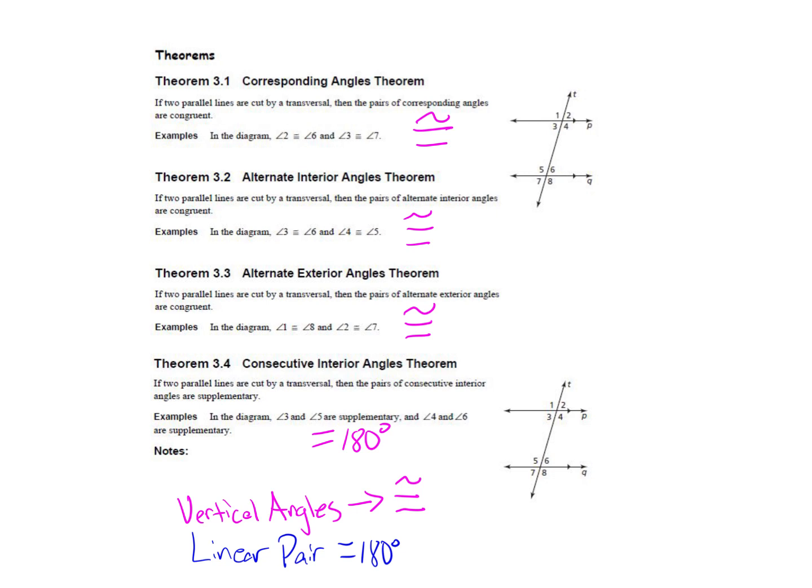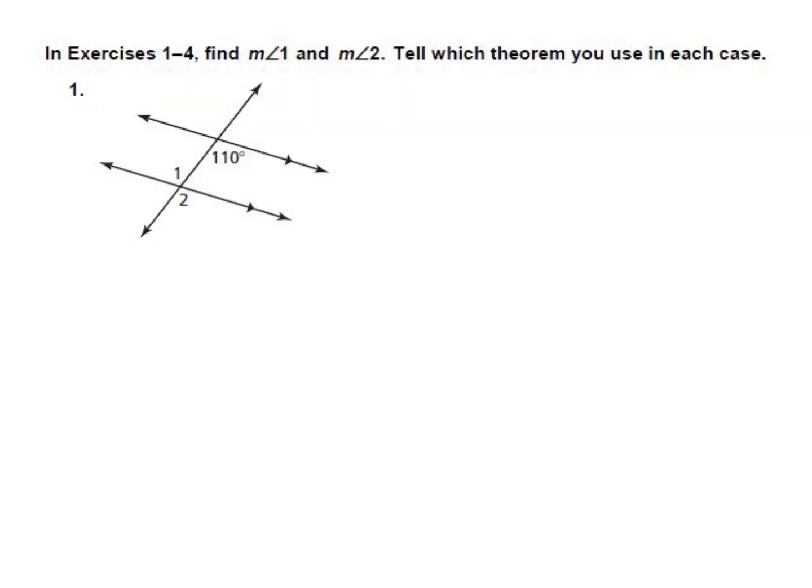If you look at 2 angles and you're like, oh, those are alternate exterior angles, then you'll look here and say, oh, our theorem says alternate exterior angles are congruent. So if one was 50, the other one would be 50, the one you're looking for. Okay? Does that make sense? So you identify what angle pair it is, and then you just figure out whether they're congruent or equal 180 with each other. All right, that being said, let's do example 1.